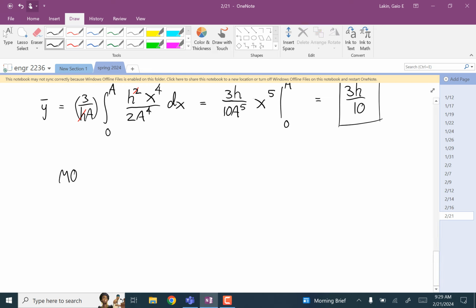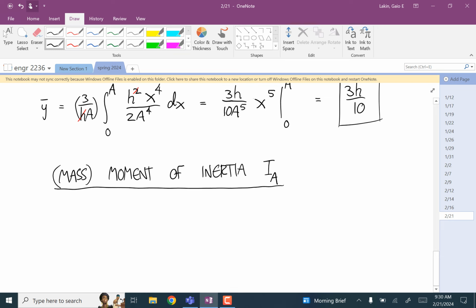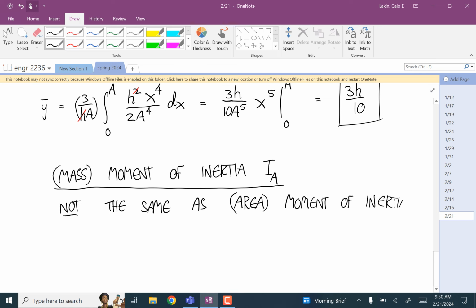Okay, so the next thing we have to define is the mass moment of inertia. And it'll always be denoted with a capital I. And this is not the same thing as the area moment of inertia, I sub A from D form.